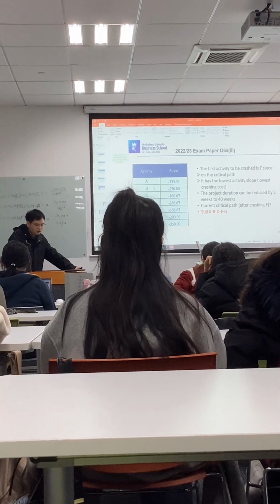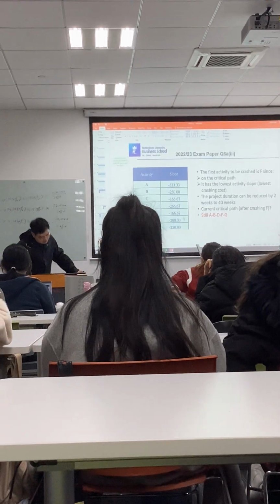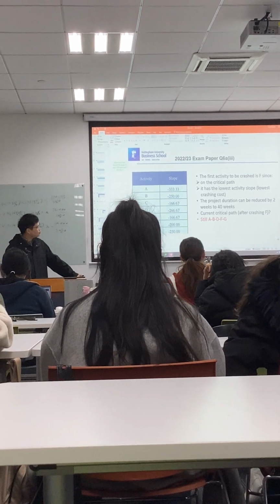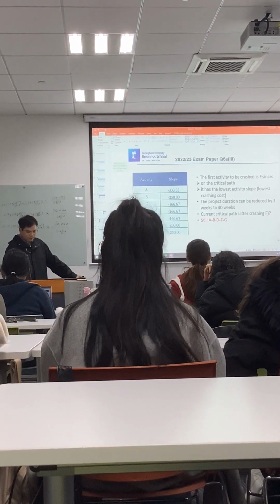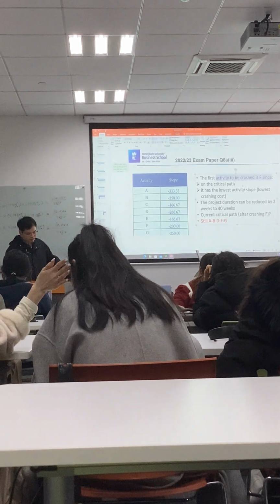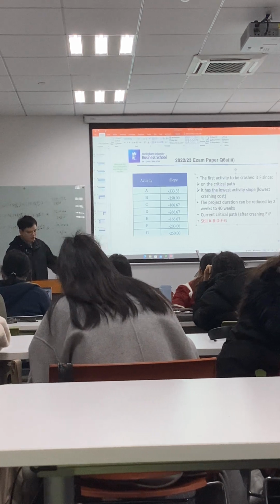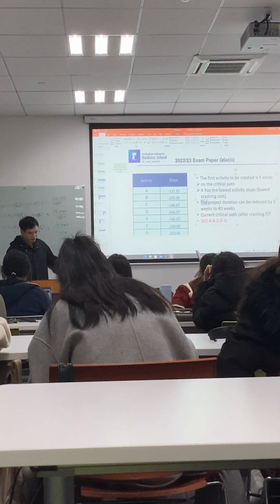Okay, so we begin with F, right? Only cost 200. Okay, so the first activity to be crashed is F because it is on the critical path and has the lowest cost. Okay, and we can reduce F by 2 weeks.